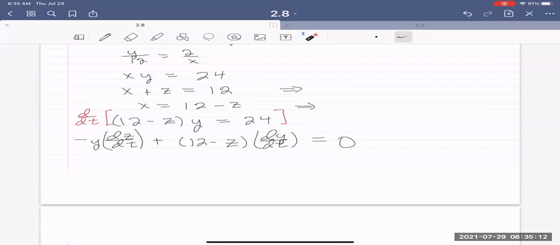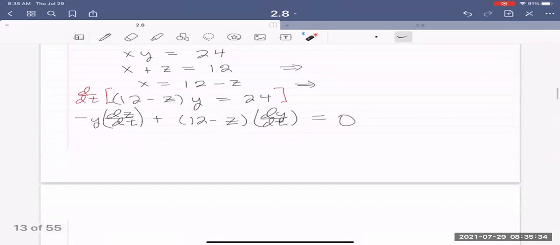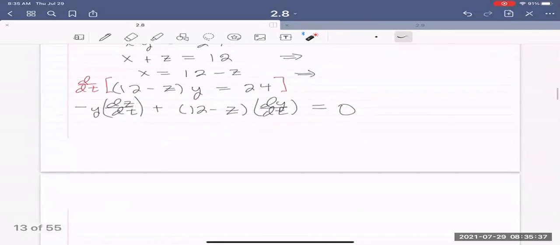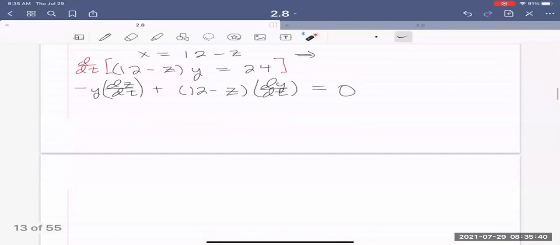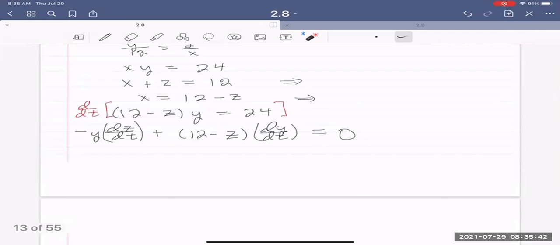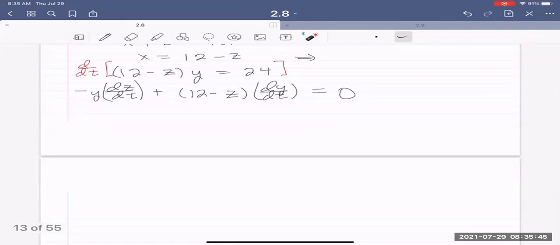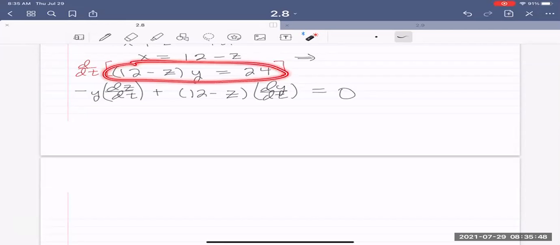Okay, so let's do that. Actually, you can figure it out from here. That y is 24 over 12 minus z. Then you'll have everything in terms of z, which you know. So maybe I'll write it that way. Let me write it this way.